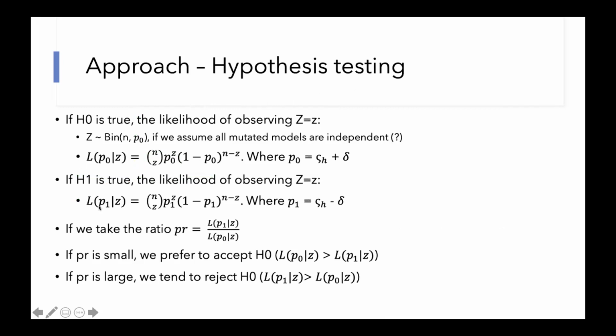If, on the other hand, H1 is true, then we can write the likelihood like this. This just replaces p0 with p1. Z is the random variable, and Z is the number of mutated models that change the label of X. So we are calculating the likelihood of capital Z being equal to our observed value, small z.